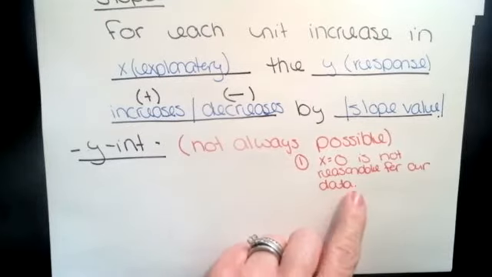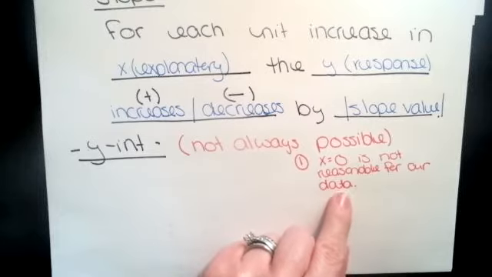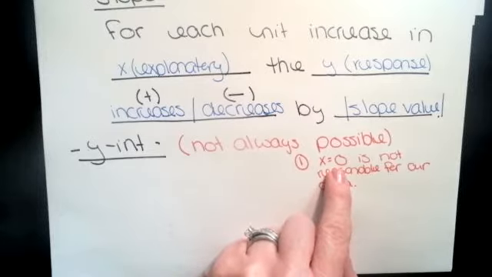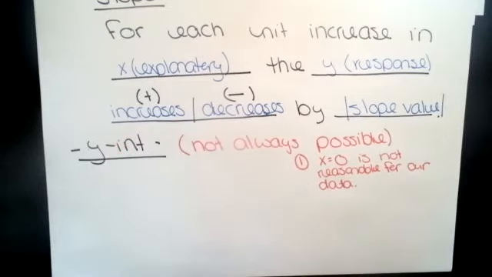What I mean by this is if we're talking about the height of someone, right? And that's my x variable. Well, someone's height being 0 inches does not make any sense at all. And in that case, you should not interpret your y-intercept, okay?